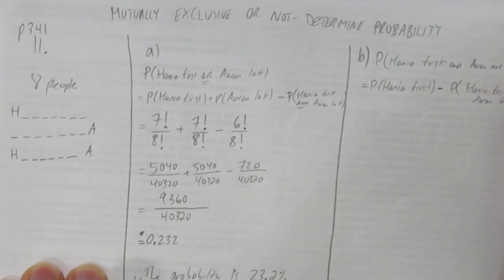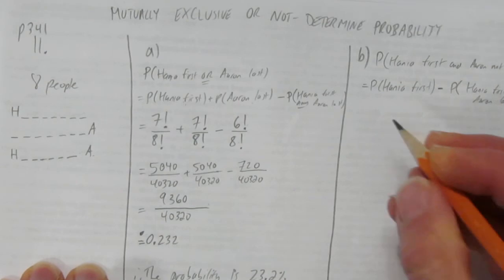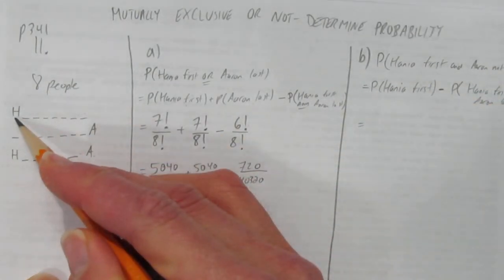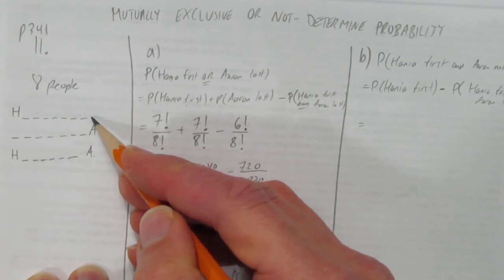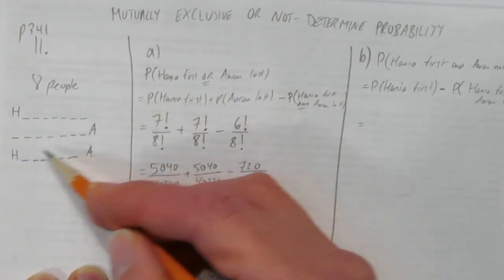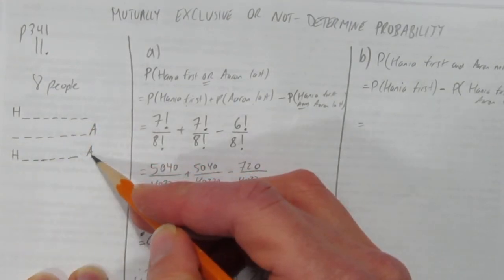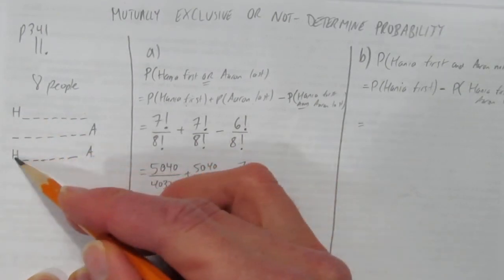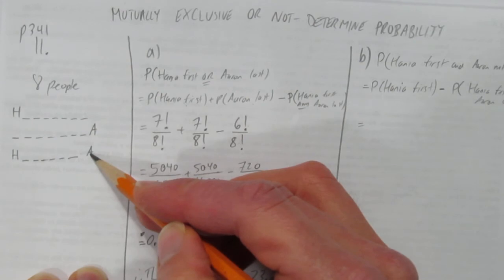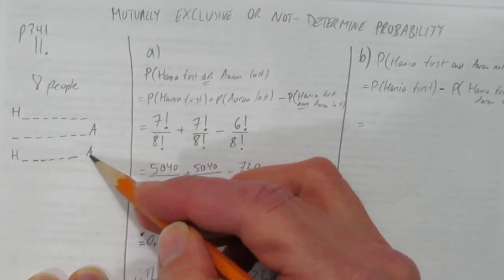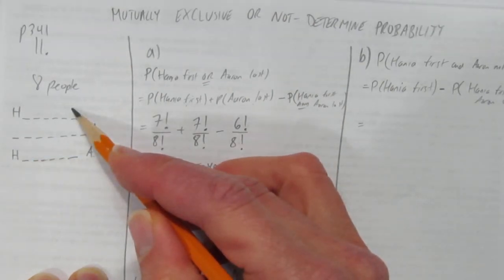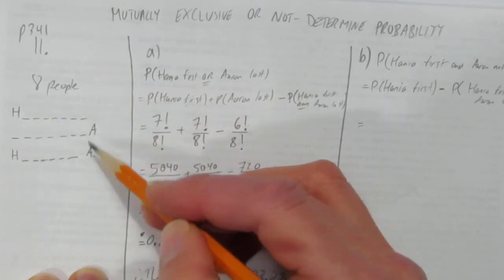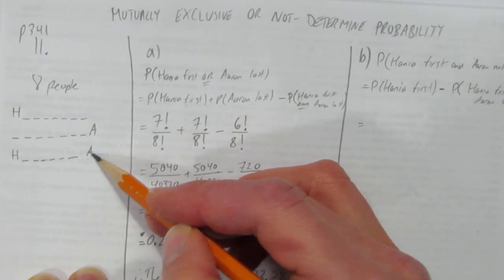And so this is probably the tricky part of the question, is just figuring this part out. I'm going to take all the cases where Hania's first, here she is being first, and then I'm going to subtract away this case where Hania's first and Aaron's last. Because if I take away all these cases from this, what I have left over will be all the cases where Hania's first, but Aaron's not last, because I'm going to take away the cases where Aaron's last.